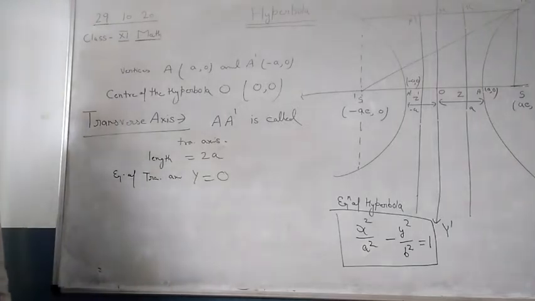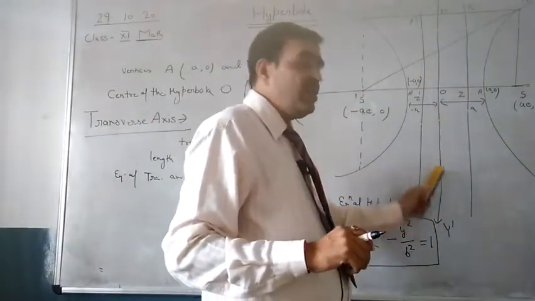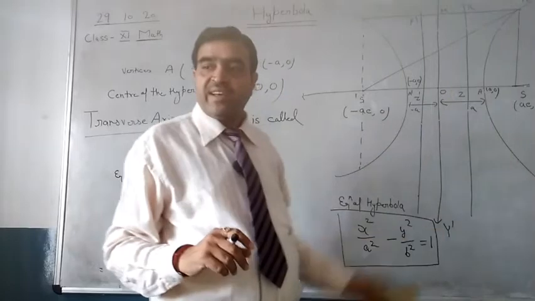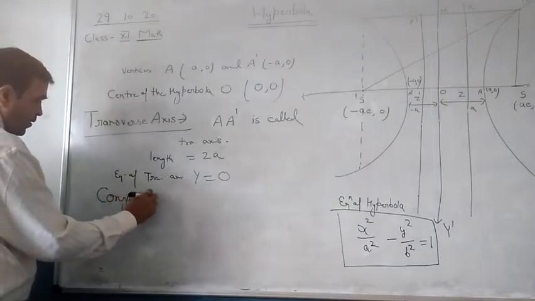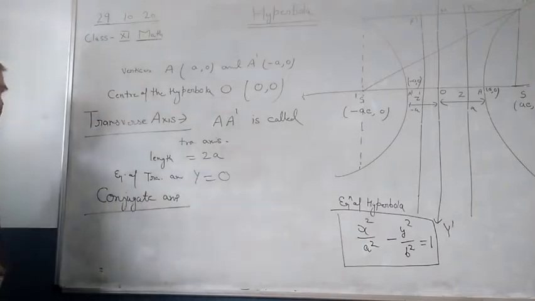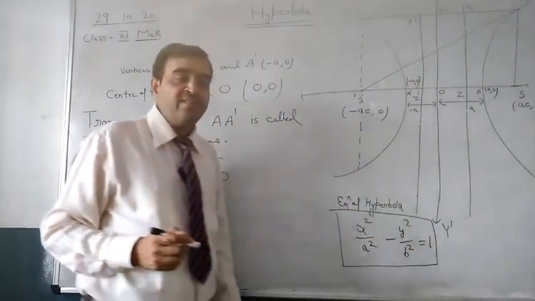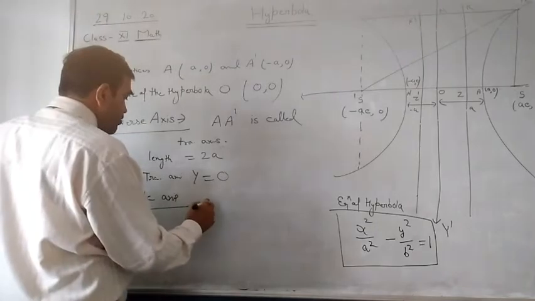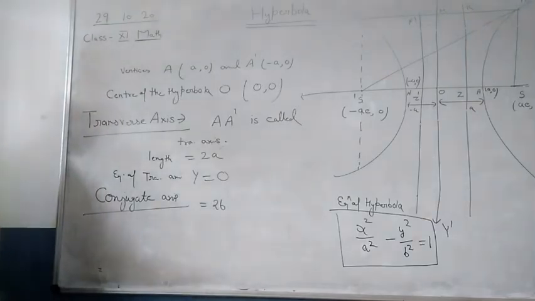Now, conjugate axis. This y-axis is called the conjugate axis, and the length of the conjugate axis is 2b.